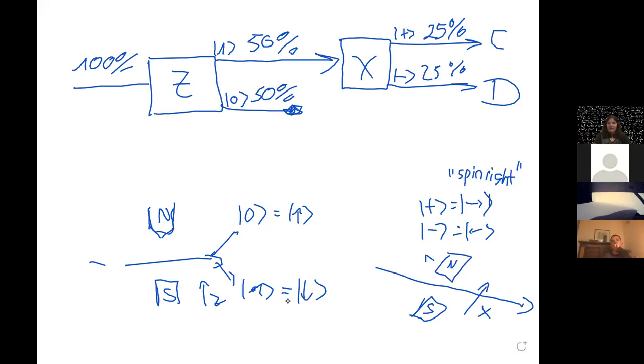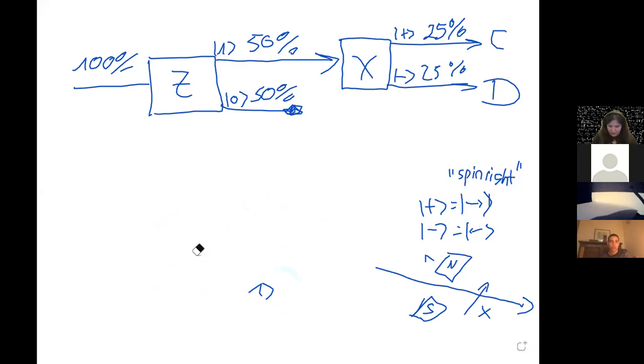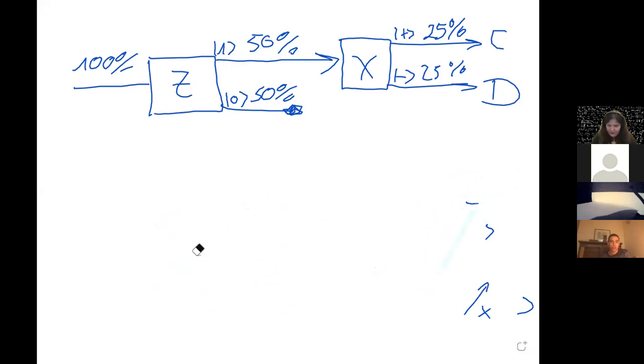This is just how it is. I don't know if this was done in the lecture, so I will put this away here, and then I can show you the difference to the classical model.